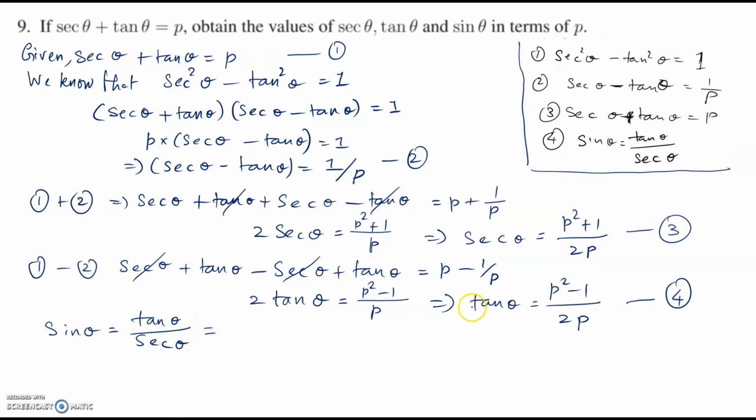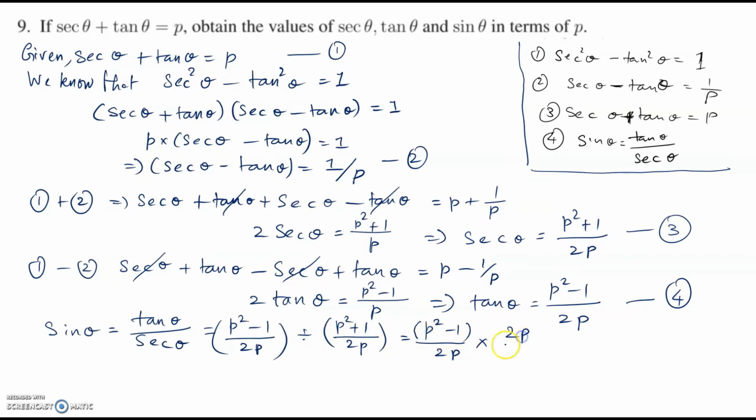So substituting the values of tan theta and secant theta, we get our tan theta, P squared minus 1 divided by 2P, divided by our secant theta, which is P squared plus 1 divided by 2P, which is nothing but P squared minus 1 divided by 2P, and changing the division to multiplication here, this will become 2P by P squared plus 1.